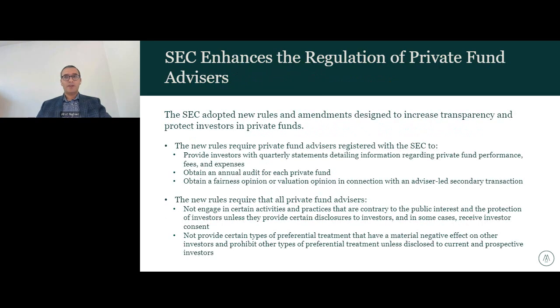The item number 3 on the agenda is about the enhancement of regulation of private fund advisors. The SEC adopted new rules and amendments designed to increase transparency and protect investors in private funds. This was adopted in August of 2023.